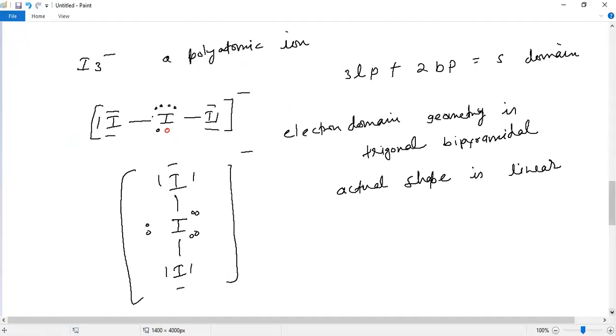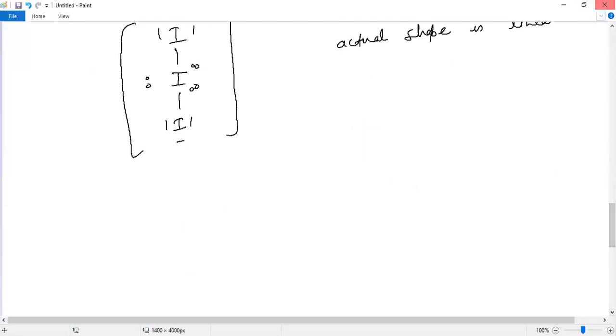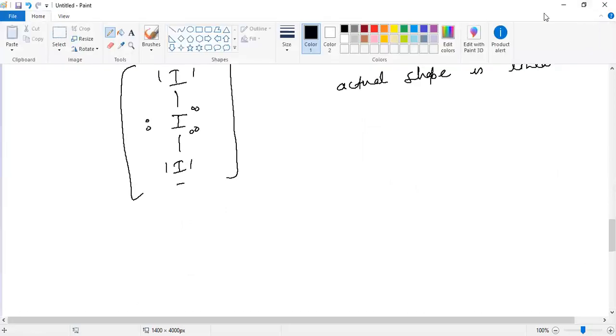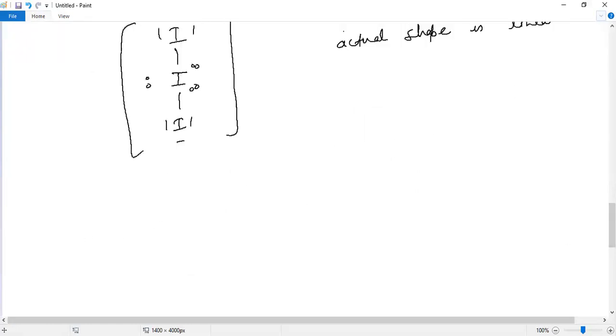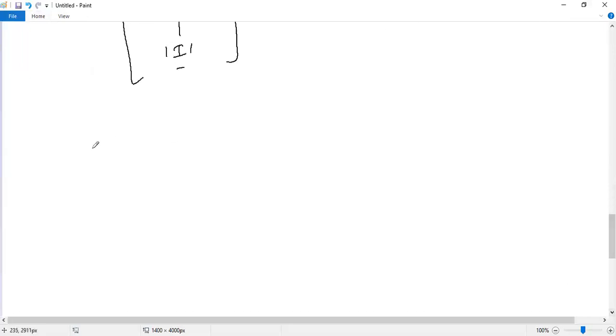Okay, let's see one more example here. Let's take one more ion, PCl4 plus this time. Let's write the Lewis structure again.